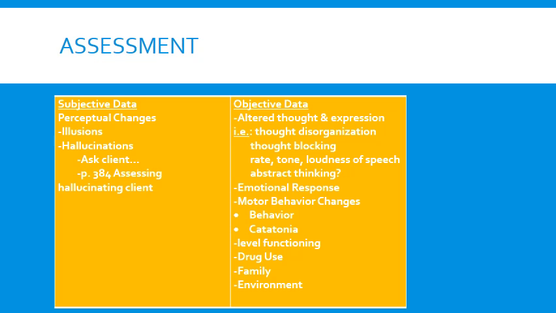What are they hearing? With hallucinations, I want you to look at page 346, I'm sorry, that talks about assessing the client for hallucinations. There's a box towards the end of the page that talks about that, so I really want you to look at that. Probably one of the best ways to assess for hallucinations is to ask the client, are you hearing anything or seeing anything that other people aren't seeing?